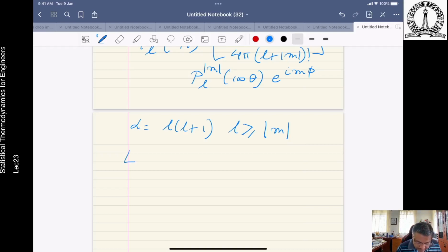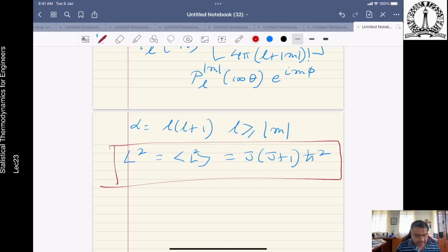If you recall, L hat square was given as J into J plus 1 into h bar square. Recall this was from the diatomic counterpart. So invoking a similar type of equation here, now it will be L square equals L into L plus 1 into h bar square. So it's very similar.